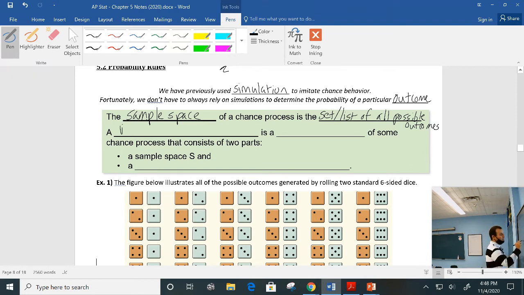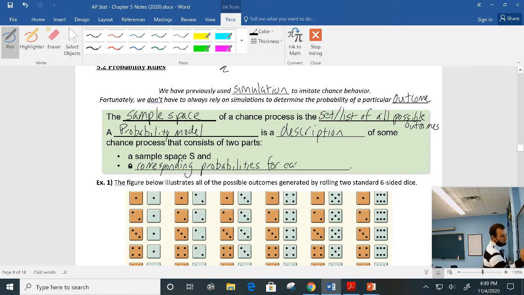A probability model is a description of some chance process that has two parts: the sample space, so the list of all the possible outcomes, and then the corresponding probabilities for each outcome occurring.